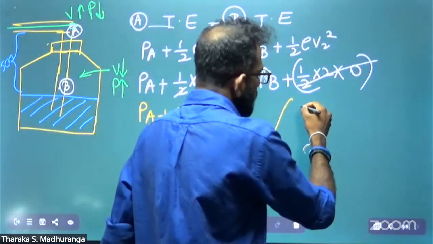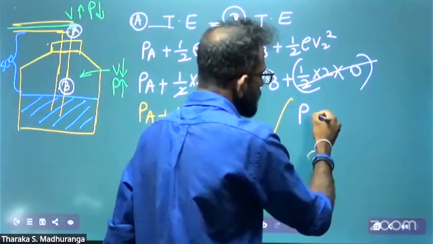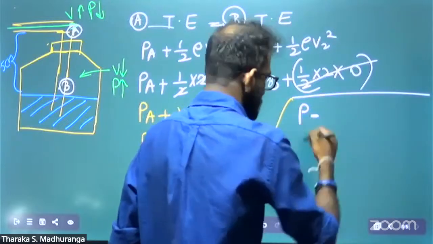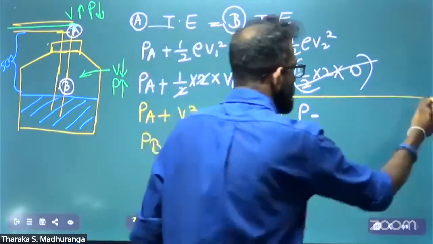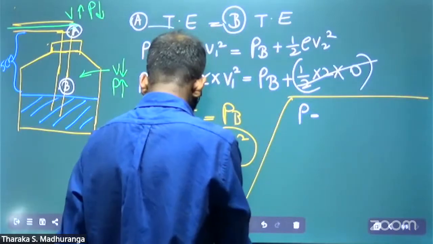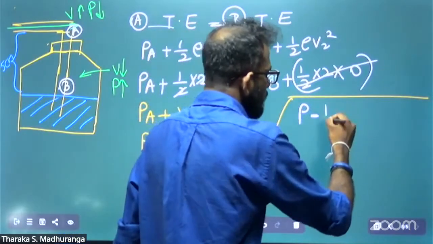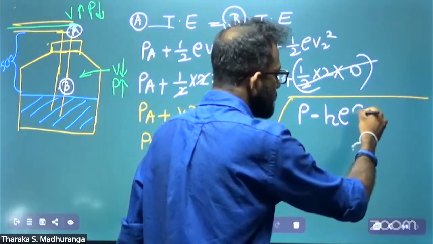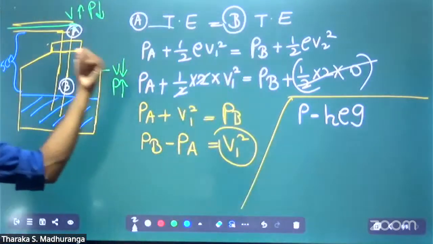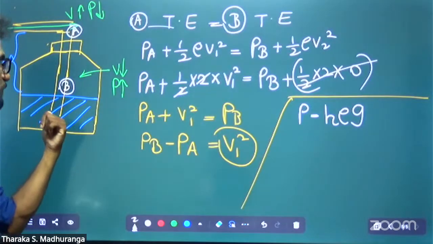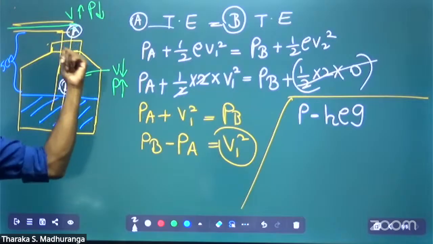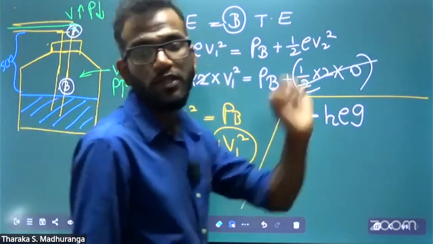Therefore, we can equate this value to H rho G, because it is inside the tube. If the liquid is lifting up to the nozzle, it is hydraulic pressure.